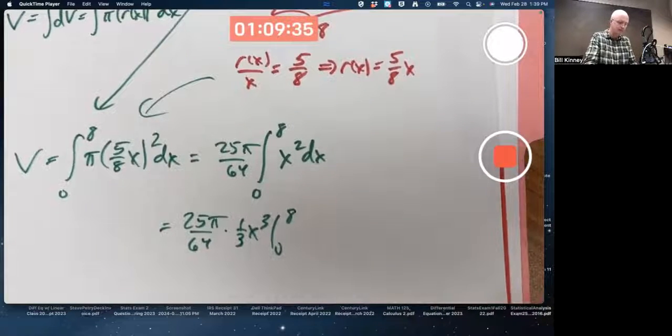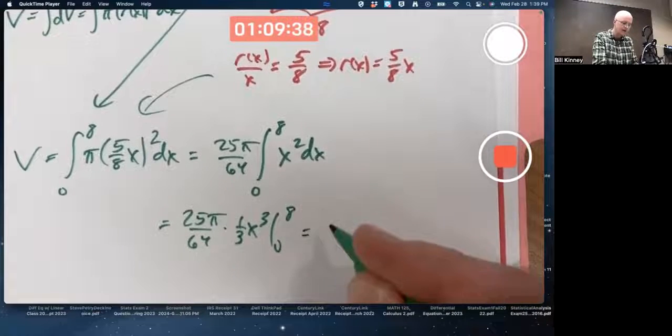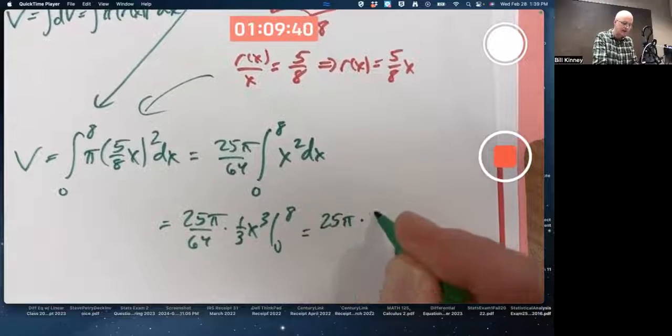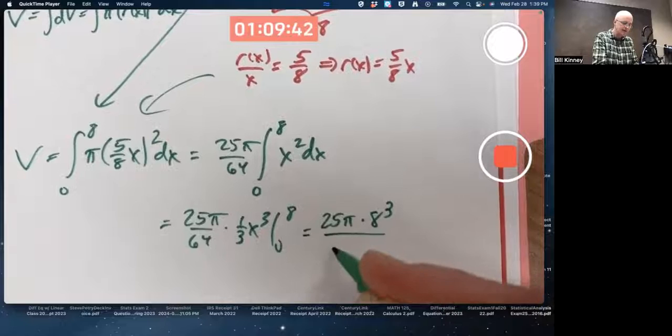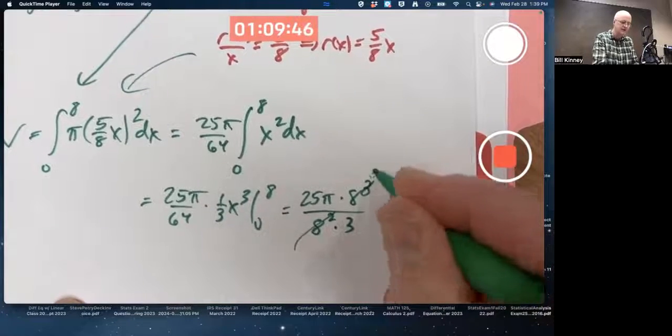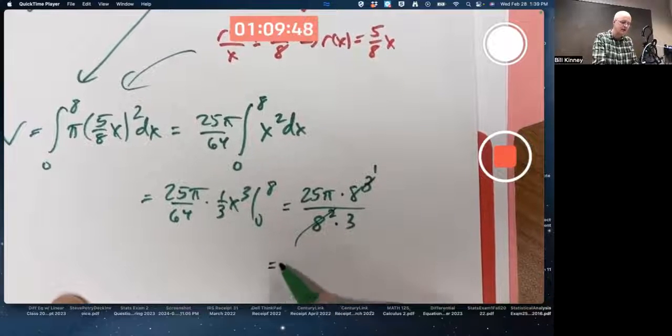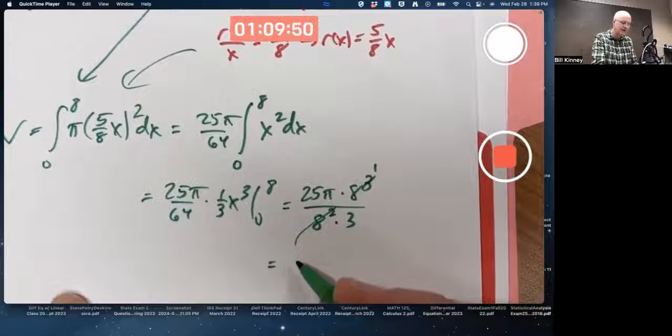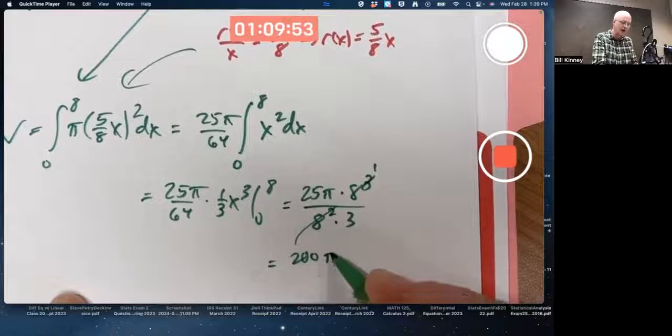I think maybe I can avoid a calculator here. 25 pi times 8 cubed over 64. 64 is 8 squared. The 8 squareds cancel, leaving you with an 8 to the first on the top. 25 times 8 is 200 pi over 3.